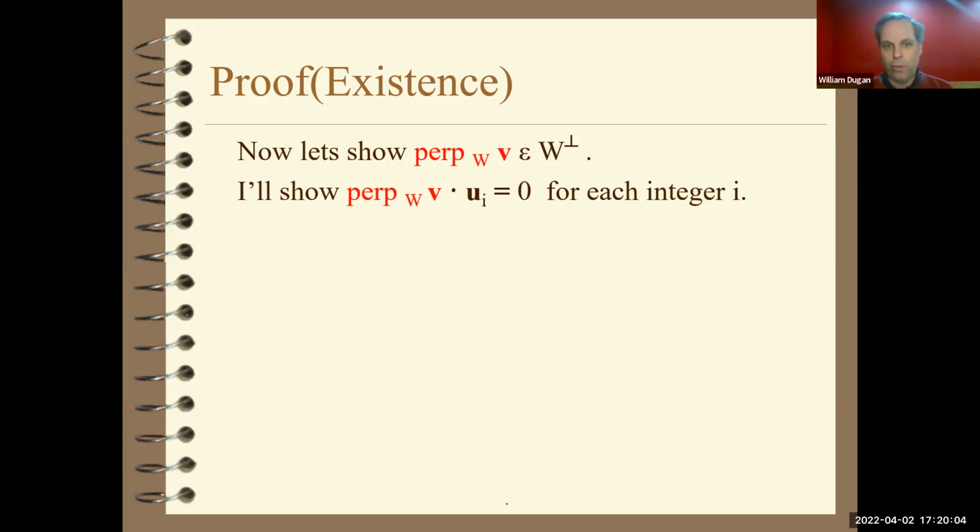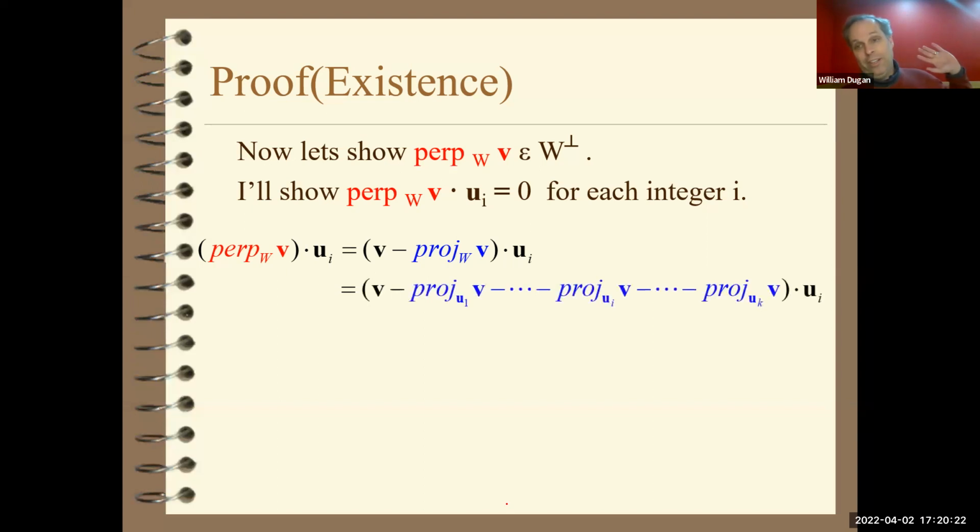So doing that's not difficult. It's a matter of just smashing out the notation. So here is the dot product. We know what perp v is. It's the vector v minus the projection of v upon W. But we know that projection is by definition a sum of projections. So then that subtraction becomes a long list of subtractions of vectors.